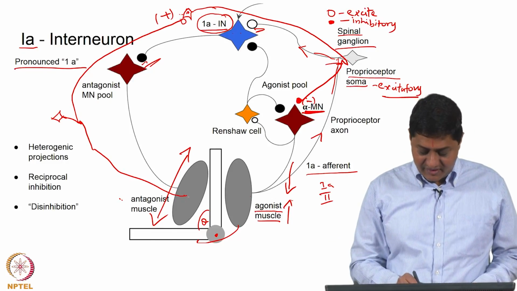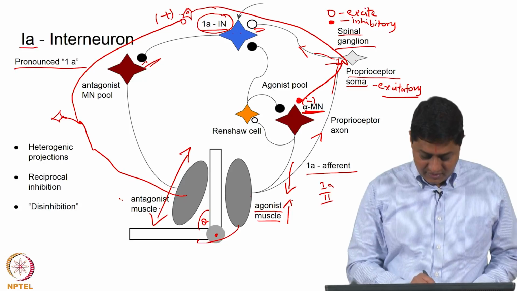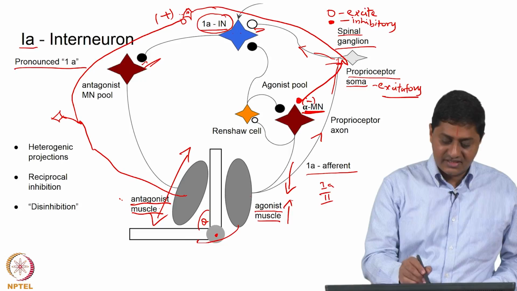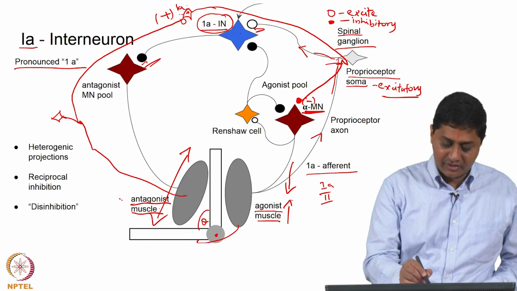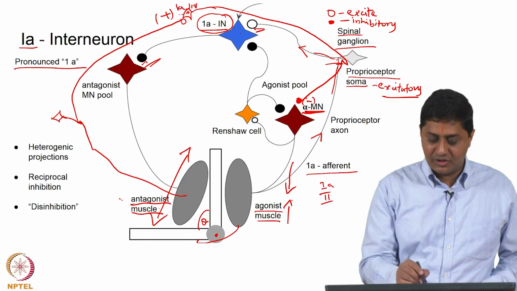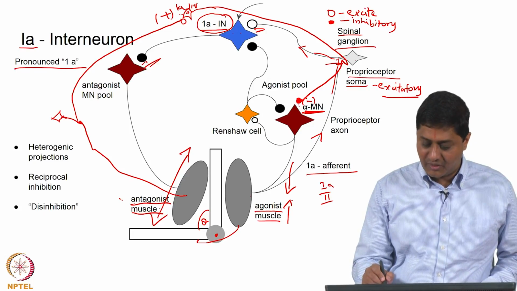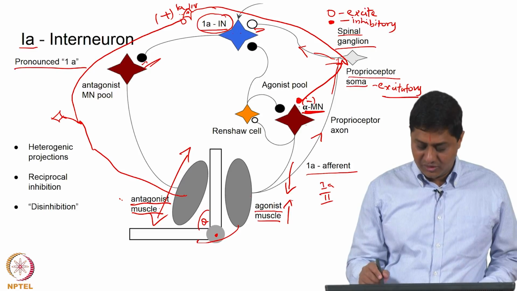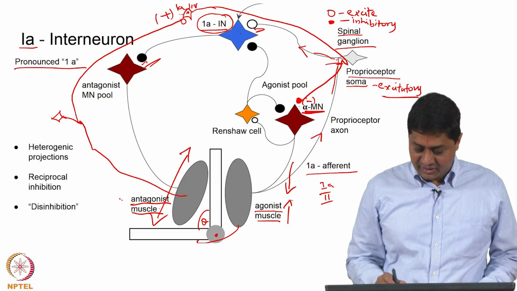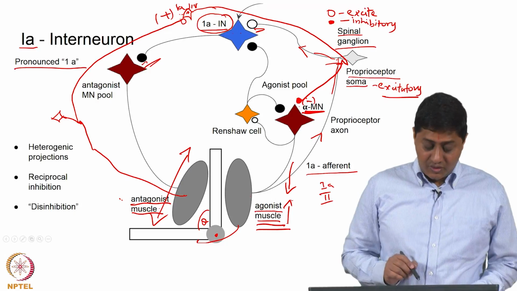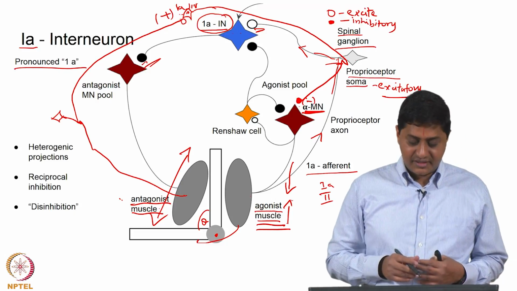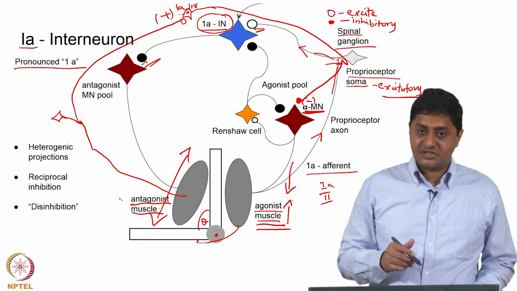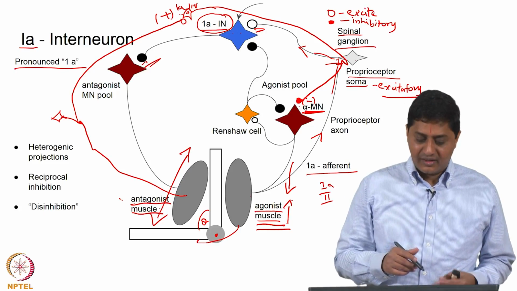So when this antagonist is getting stretched, it is going to excite a different 1A interneuron here, and that 1A interneuron is going to inhibit the alpha motor neuronal pool that is causing the contraction of this muscle.